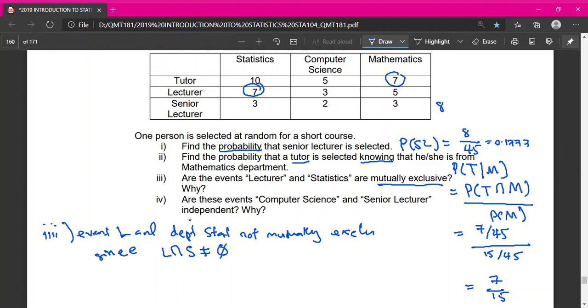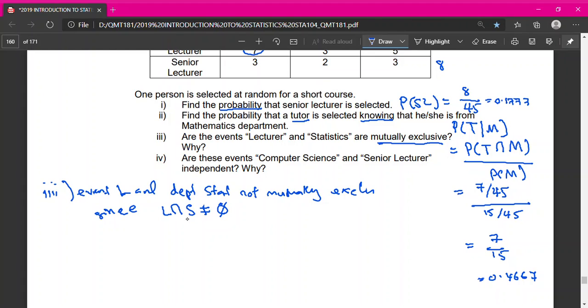Ataupun the probability of L intersect S is not equal to 0. Okay. Senang saja tengok kan intersection ataupun tidak.